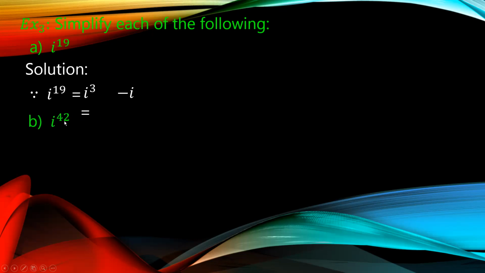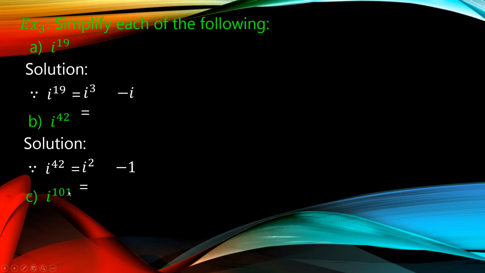Next, i^42. Can 42 be divided by 4 or not? 42 can't be divided by 4. I will take 41, can't be divided by 4. 40 is divisible by 4 and the remainder is 2. Then I can write i^42 as i^40 times i^2. i^40 equals 1 and i^2 equals -1, then 1 times -1 equals -1. Next, i^101. Can 101 be divided by 4?